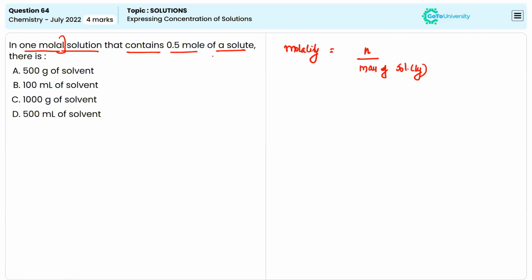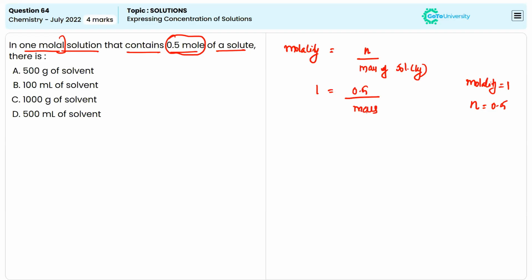The number of moles is given as 0.5. Now we have to find the mass of the solvent. The molality is given as 1 and it contains 0.5 moles of the solute. So the number of moles n is equal to 0.5, and 1 is equal to 0.5 divided by the mass of the solvent.